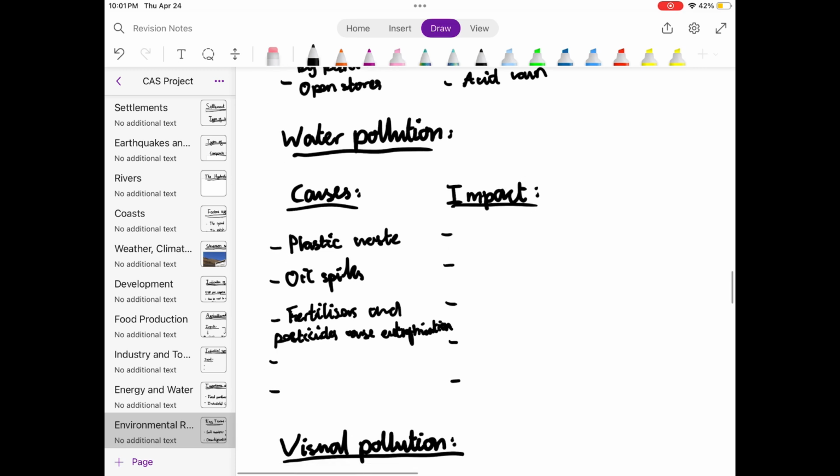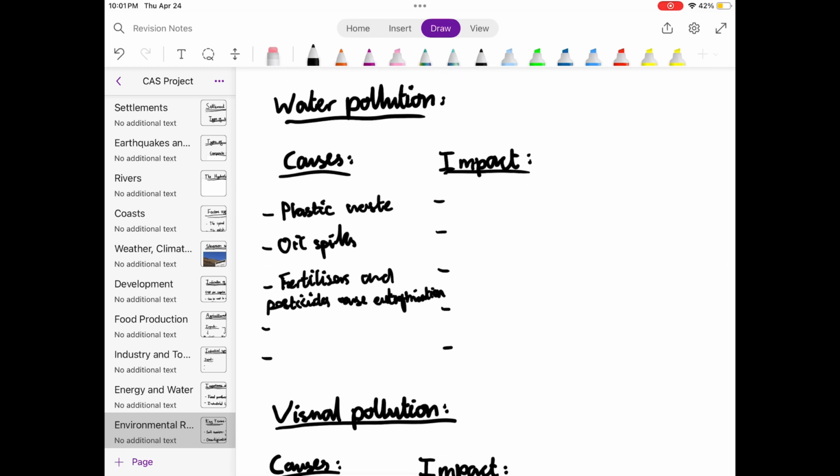And basically what eutrophication is, it's basically when dead zones are created as a result of increased algae growth in bodies of water. So ecosystems cannot function properly and they therefore die out.